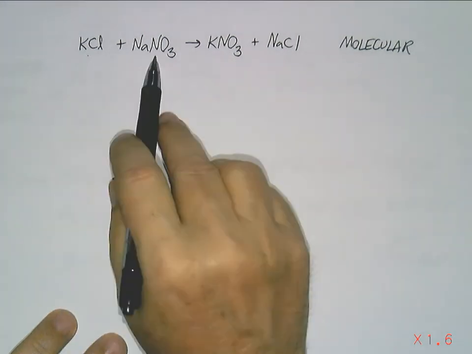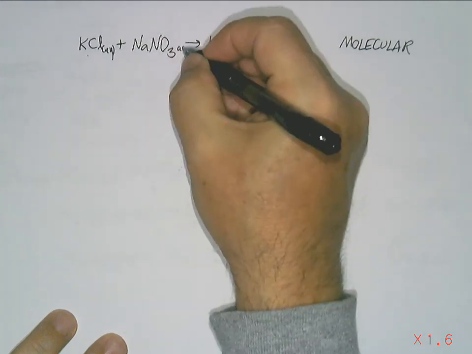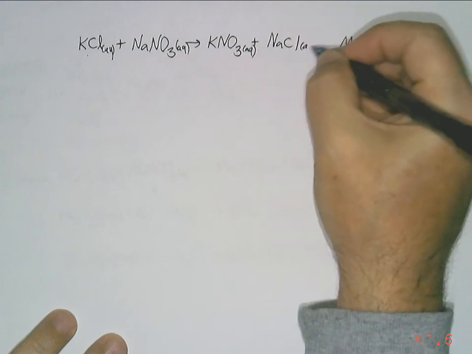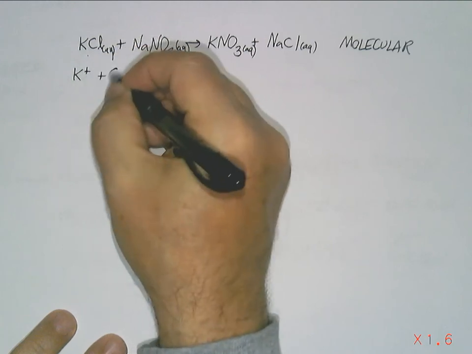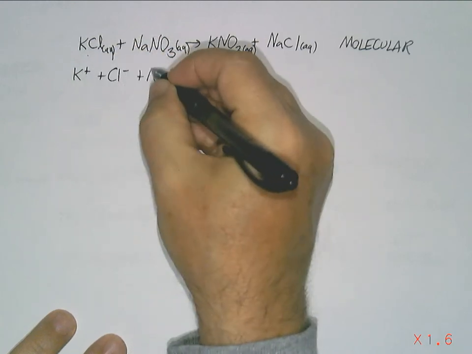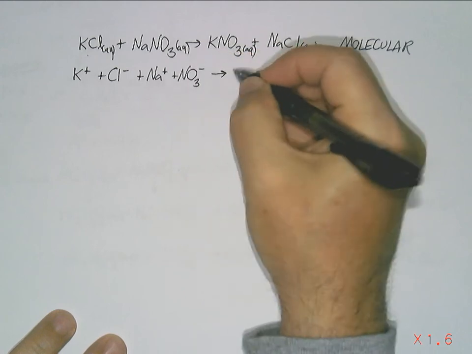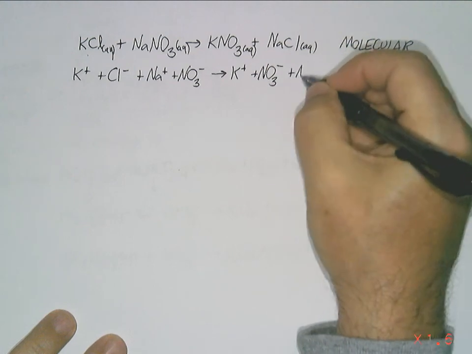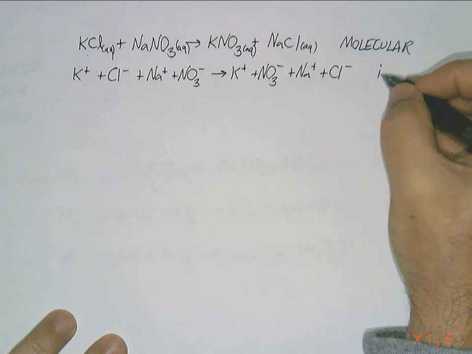All right, everything in here, it's going to turn out, is a strong electrolyte. So if I write this as an ionic equation, it'll look like this. That's the ionic equation.